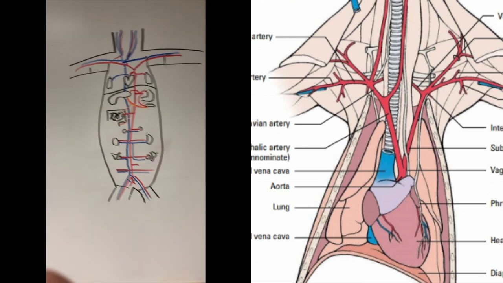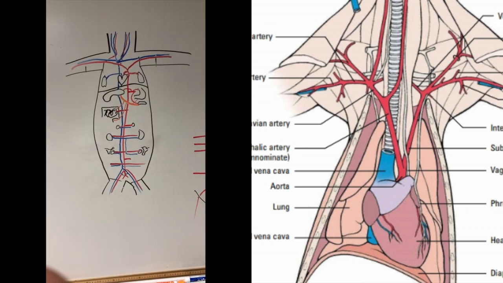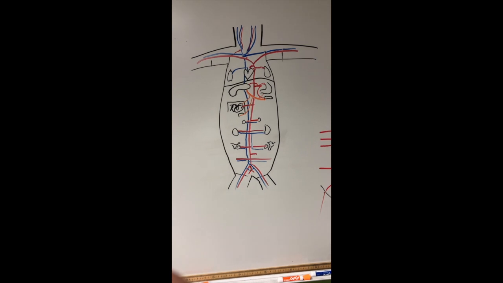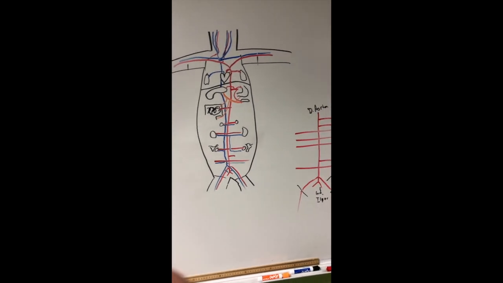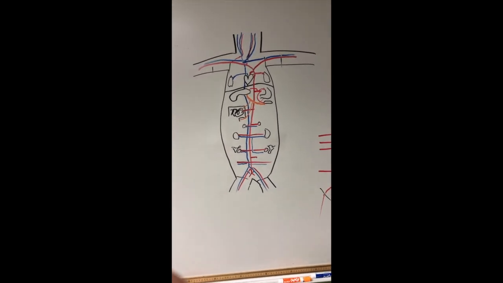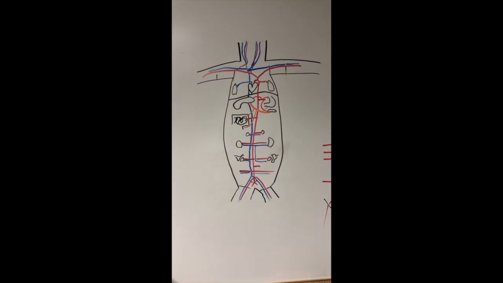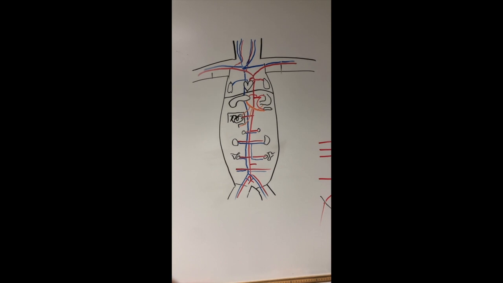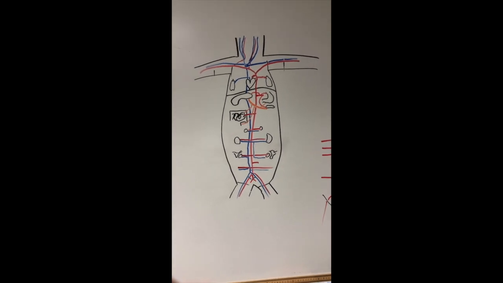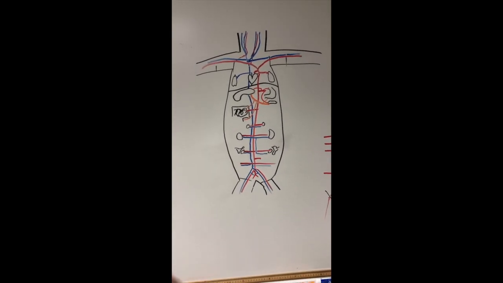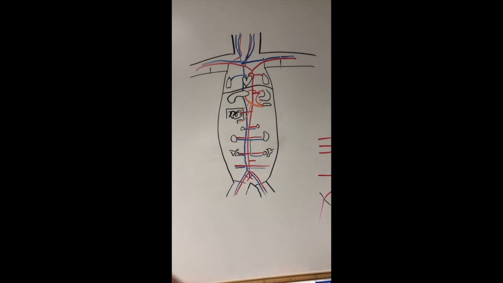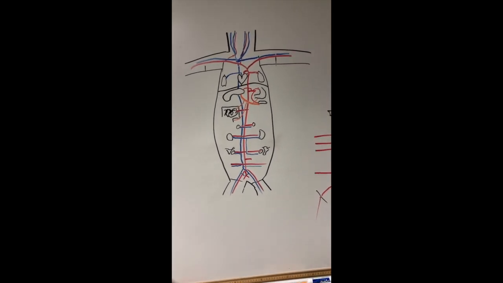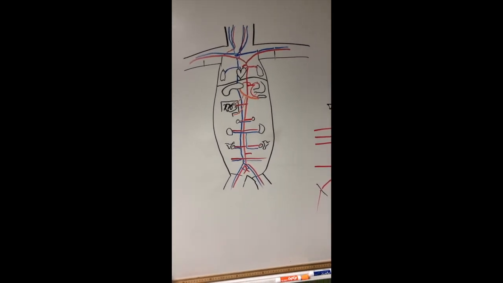So if you can draw this diagram and name all the things that we've talked about, you should be fine when looking at a mink in front of you, because hopefully at this point it's a little easier to identify things like the heart and the diaphragm and the liver and the stomach. You should be able to find the kidneys no problem.